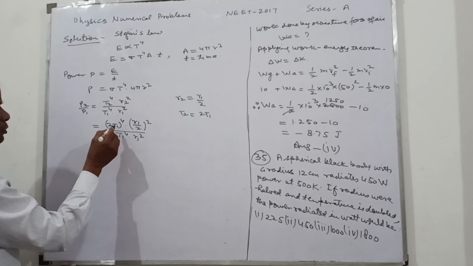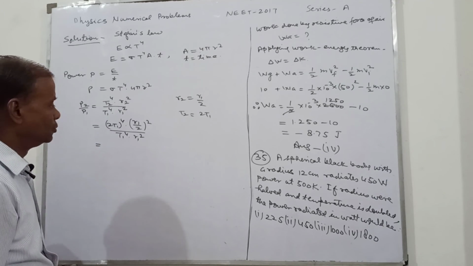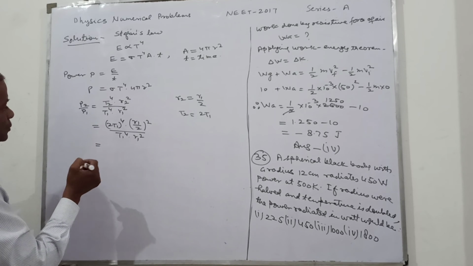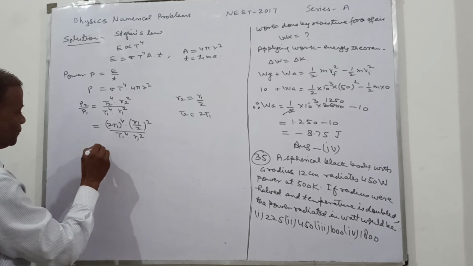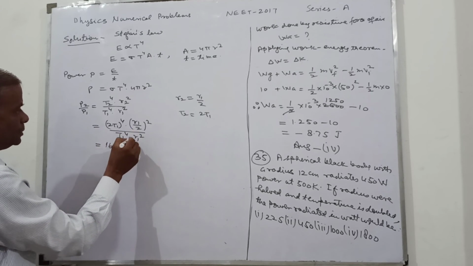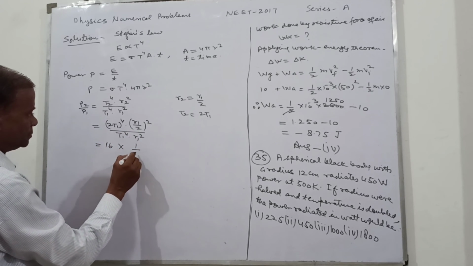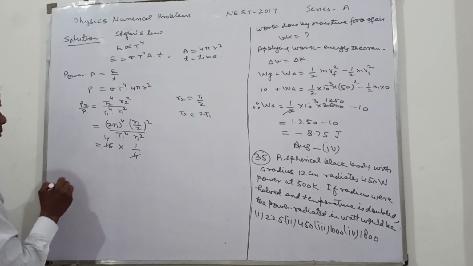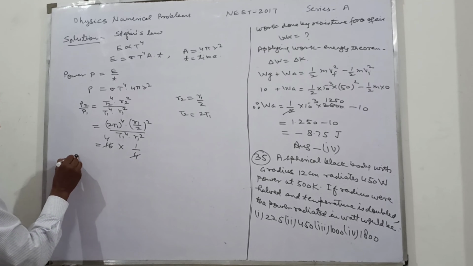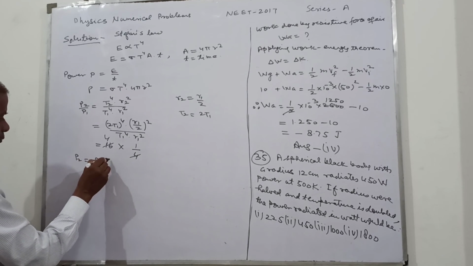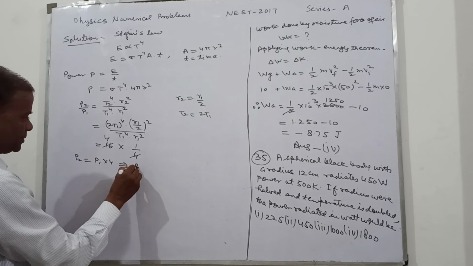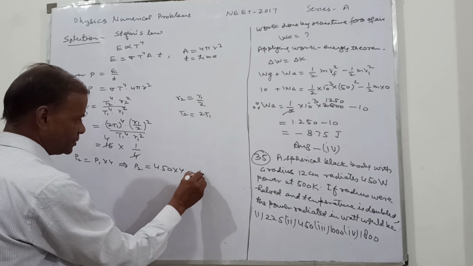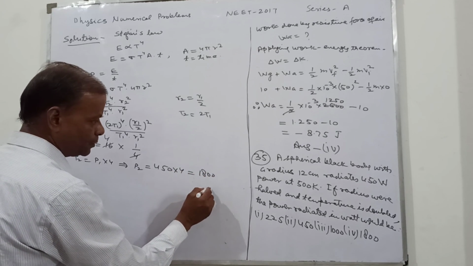So 2 raised to power 4 is 16, into 1 by 4. This will cancel by 4. So we have P2 equal to P1 into 4. Here P2 equals P1, given 450, into 4. So this is your 1800 watt.